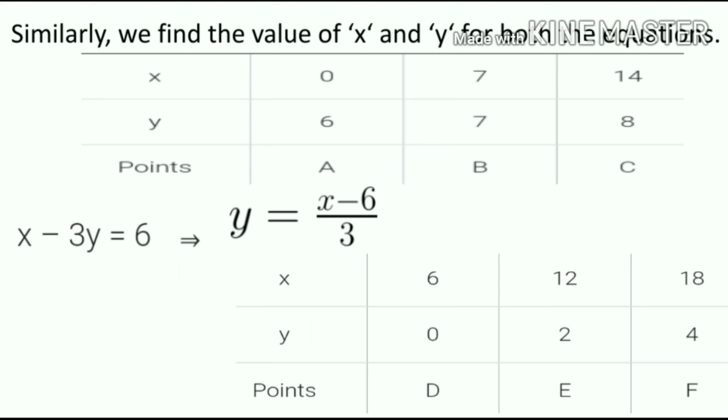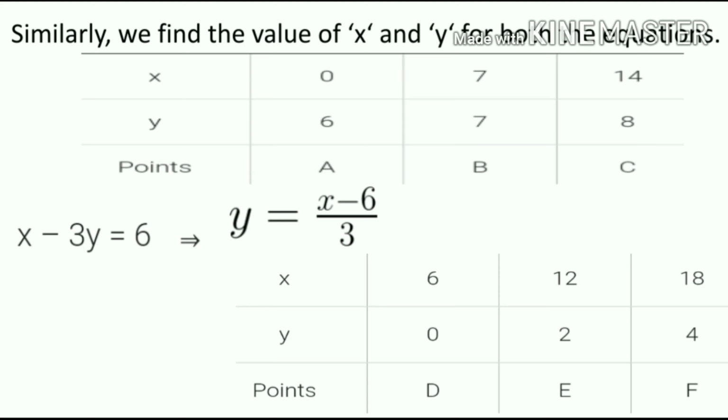We will draw the table for x and y. We will let any variable have a value and we will find out the value of the second. So similarly, as we have done before, we have found out the points A, B, C from the first equation and D, E, F from the second equation. So again we will represent all these points on the graph. So see how we represent the points on the graph.